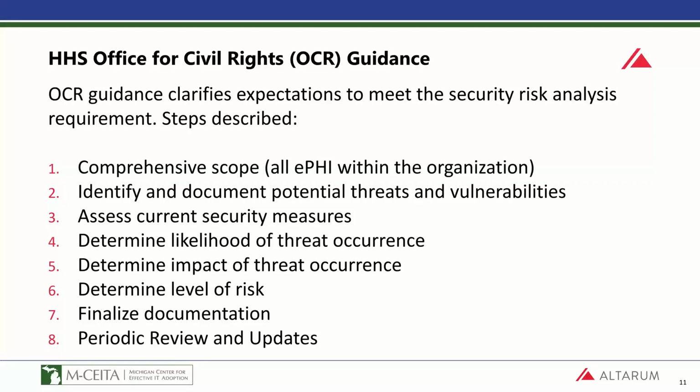Then: identify and document potential threats and vulnerabilities, assess current security measures, determine likelihood of threat occurrence, determine impact of threat occurrence, determine the level of risk, finalize your documentation, and then perform ongoing periodic review and updates of your risk analysis.